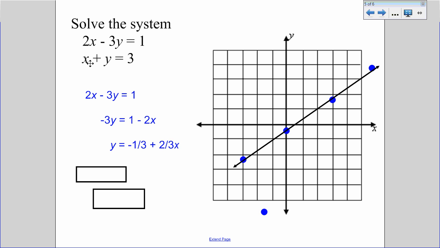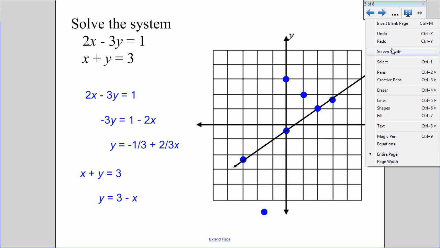I need to graph x plus y equals 3. So to get y by itself, I subtract x, so that y equals 3 minus x. So we're going to start at 3, and then we're going to count that negative slope of 1. So that means I go down 1 over 1. I'm going to go from that point down 1 over 1, and in fact we do hit right there.